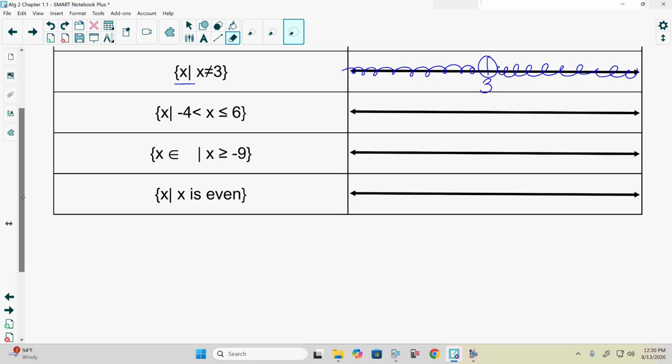We good with the first two? The third one, brace x bar, the set of all real numbers x such that -4 is less than x is less than or equal to 6. If we're graphing this, really, it's like, okay, cool. We're talking about all real numbers. Our two endpoints are -4 and 6.